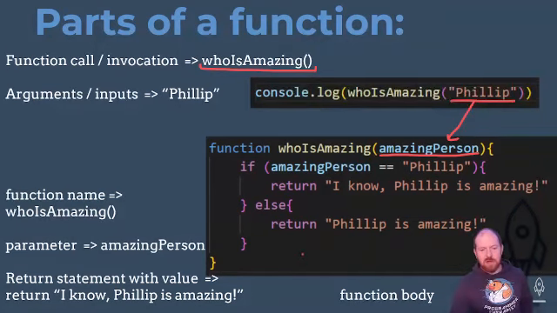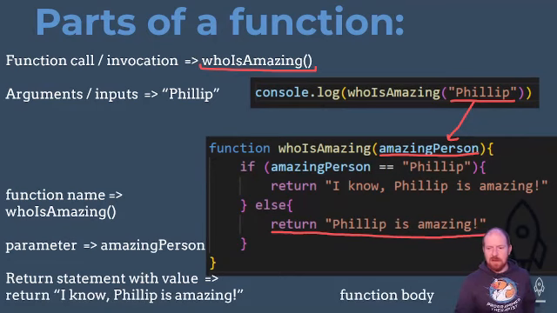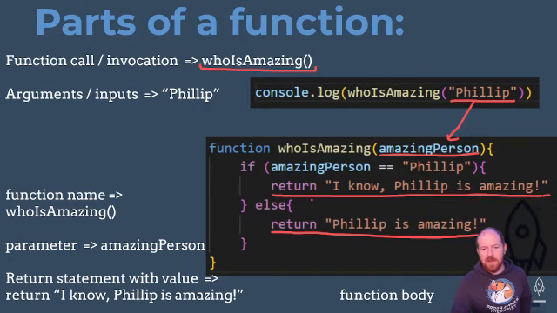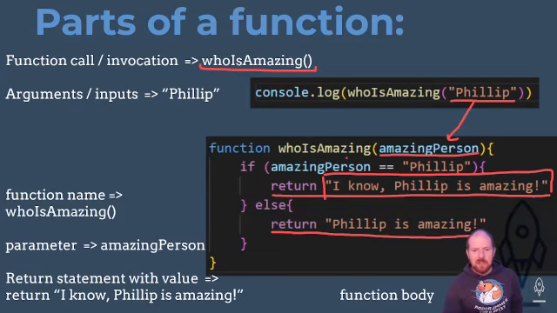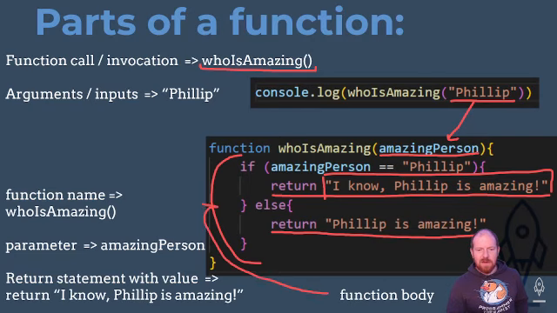And then the return statement is the whole entire line, return. And here, there's actually two return statements. The return value is the value, so just the text inside. And then the function body is everything inside here. So the function body is all of this.